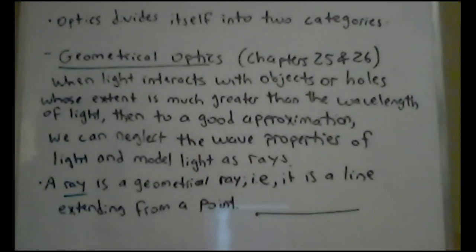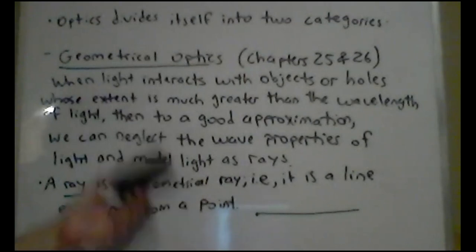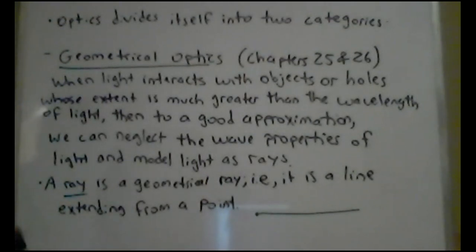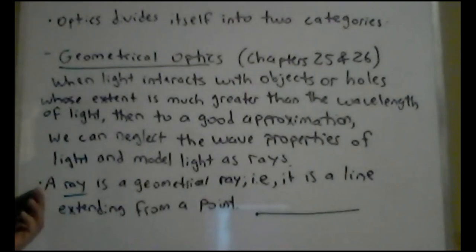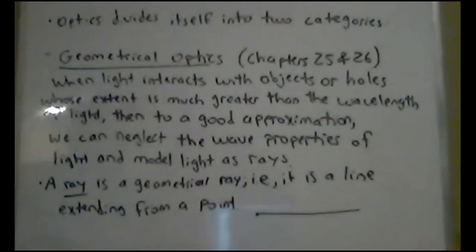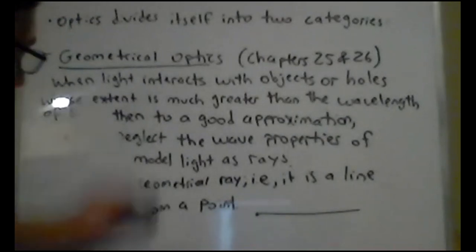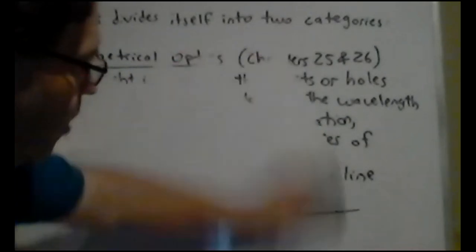Now, on the other hand, if you cannot, and that's what this lecture is about. What's a good rule of thumb for when you can go into geometrical optics? Well, what is the wavelength of light? What do you expect it to be?